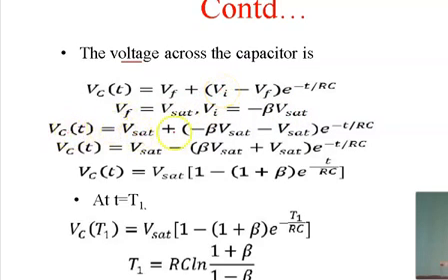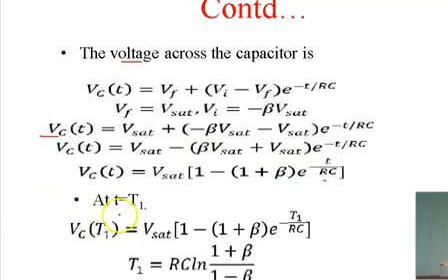Substituting Vf and Vi, we got it of this form. So now we are taking V saturation as common, and it is 1 plus beta into e power minus t by Rc.